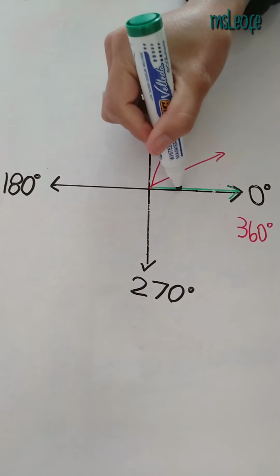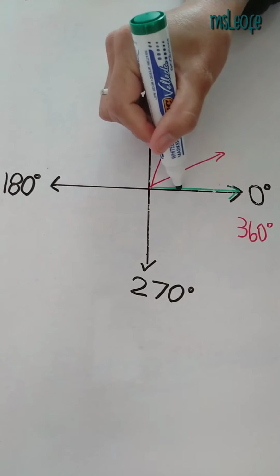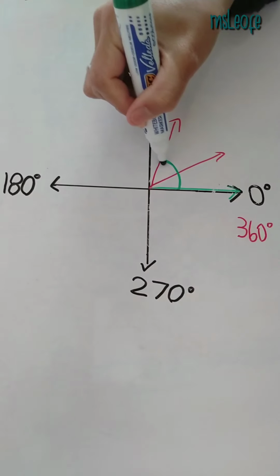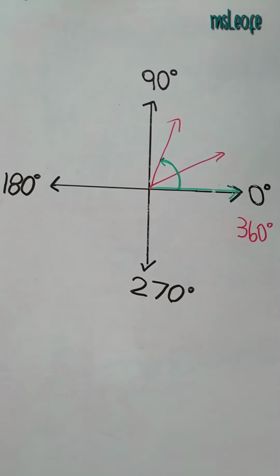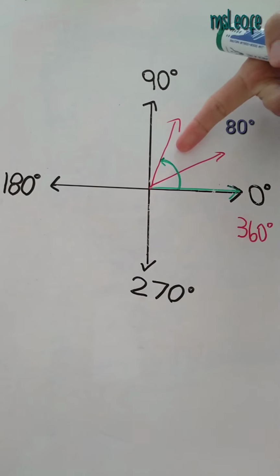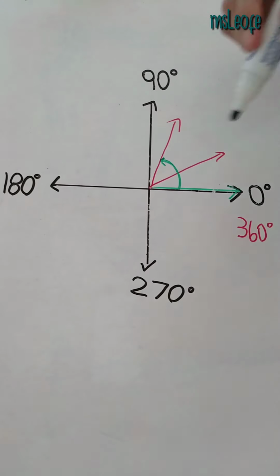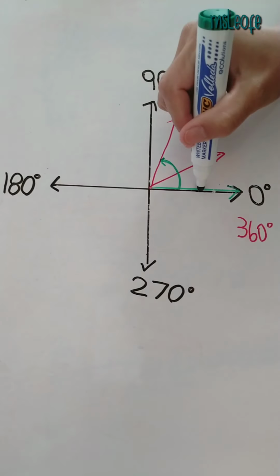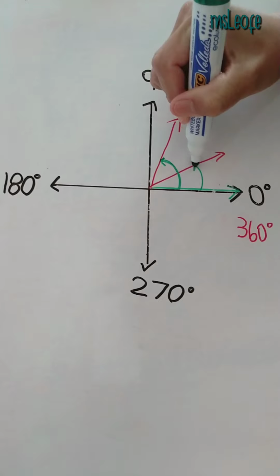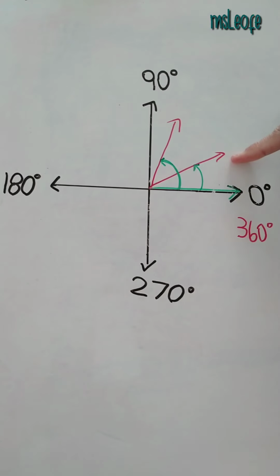It could be this, from here to here. This is an acute angle, maybe around 80 degrees. And another acute angle here, maybe about 30 degrees.